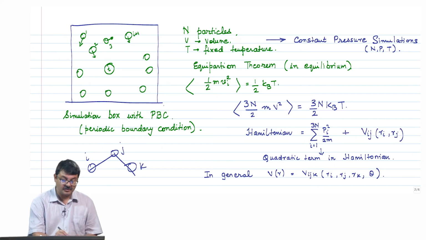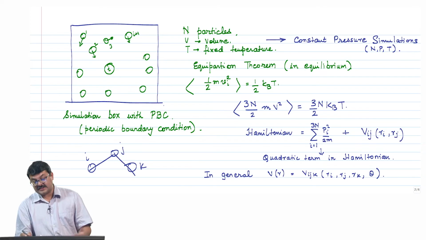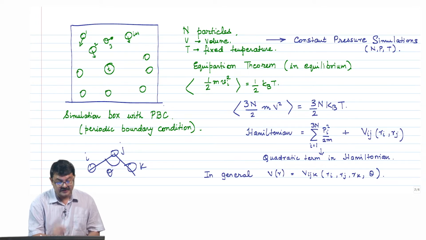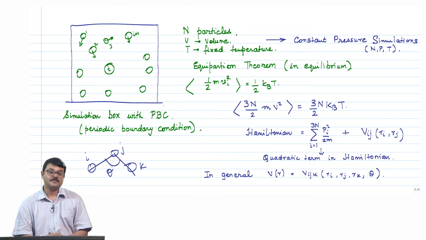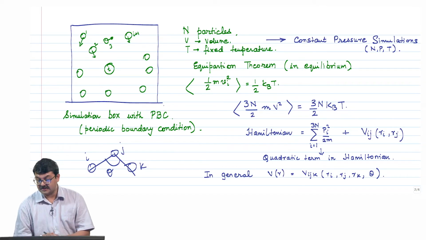If you have a 3-body interaction, the potential will depend upon all the relative values of ri and rj, and also on theta. The form of the potential depends upon the physics of the problem.